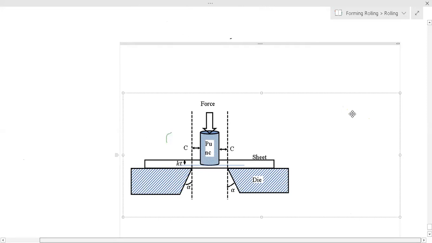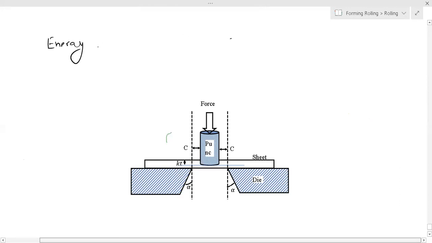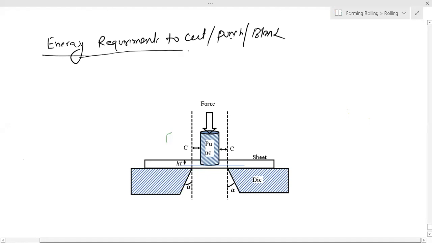Fine. So we are talking about the energy requirement to cut or punch or blank, all are the same, right? Now energy required.